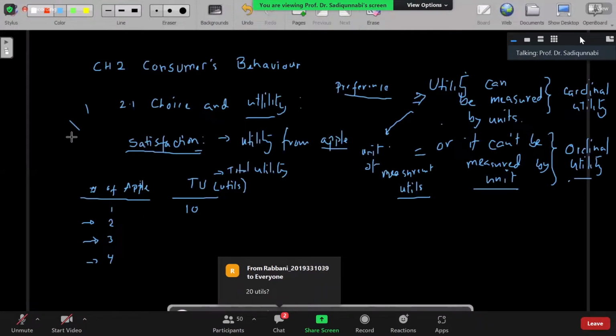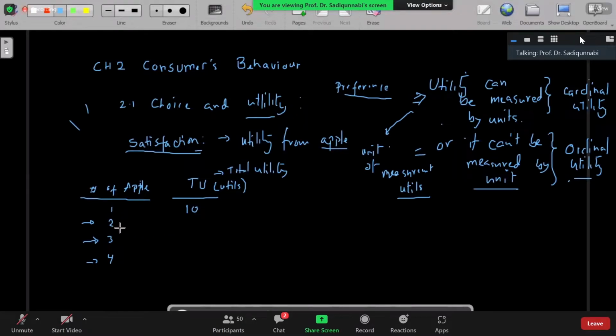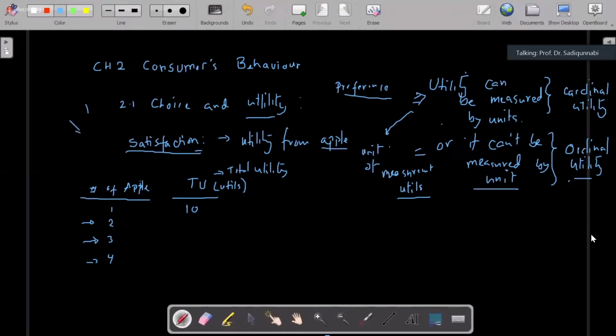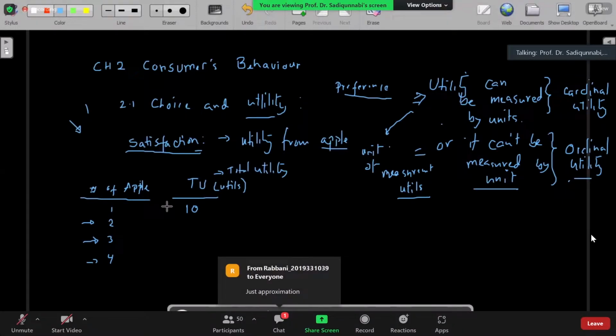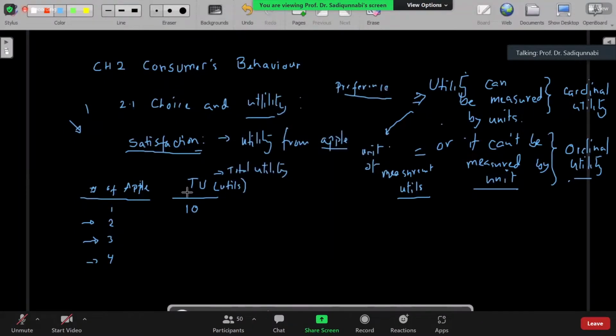Now, do you believe that you are getting exactly 10 units when you were eating the second apple? Yes or no? When you ate the first apple, you got 10 units of satisfaction. But do you think the difference is constant? But is it a rational behavior to get constant utils?